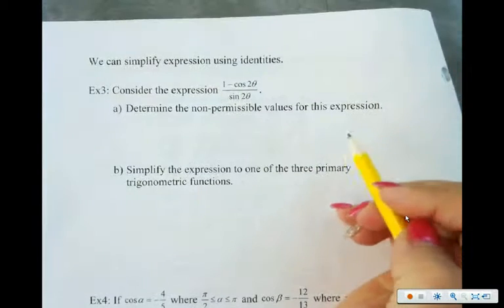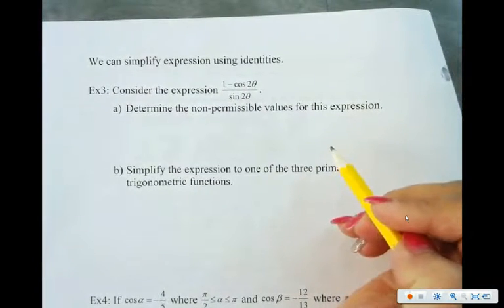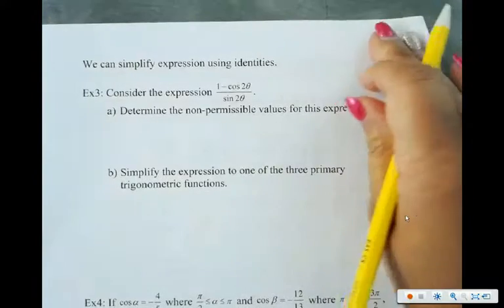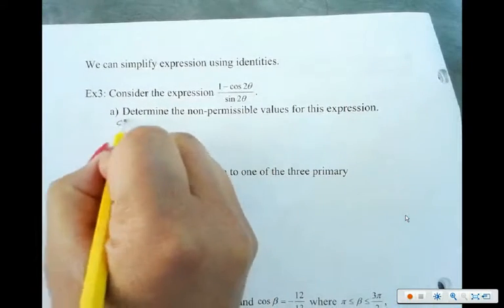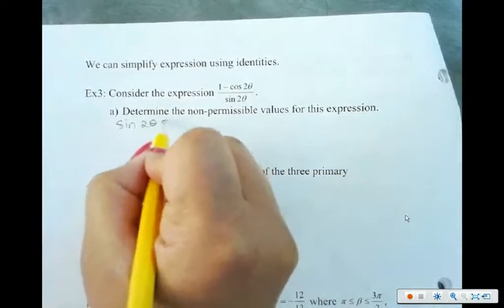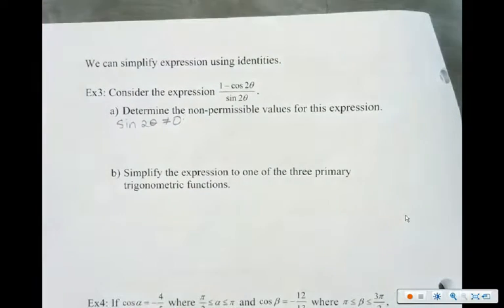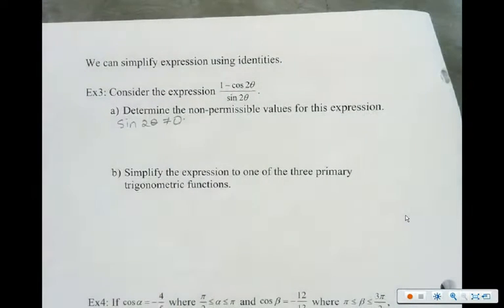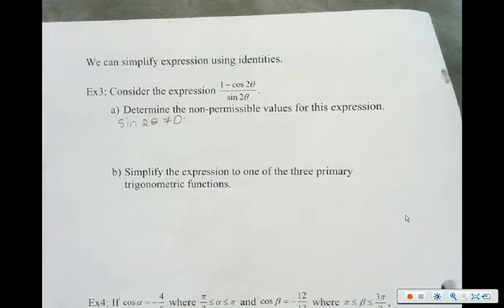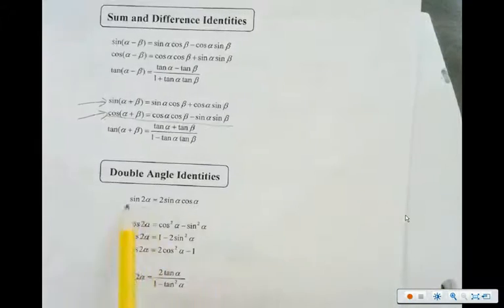Okay, so do you remember what non-permissible values are? Yeah, what are they? All right, so we can't let sine 2 theta equal 0. Now what is sine 2 theta? Well, let's look at our identities and see if we can find an expression that, yeah, so it's right here.